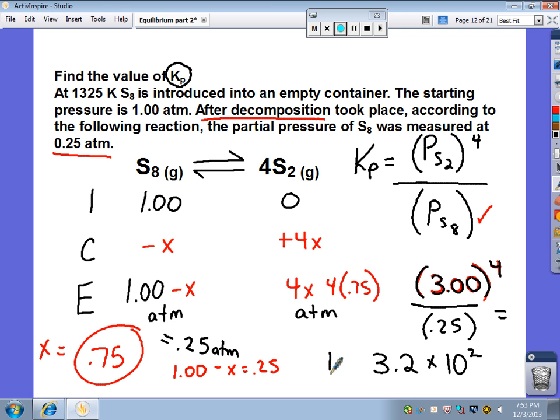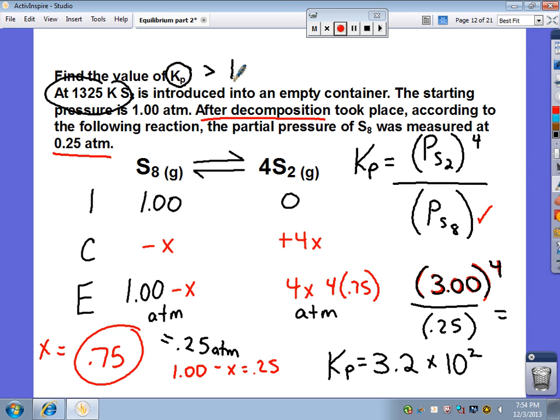And that is equal to Kp at 1325 Kelvin. Again, that's a number that's greater than 1. Kp is greater than 1, so that means at equilibrium you have more products than reactants.